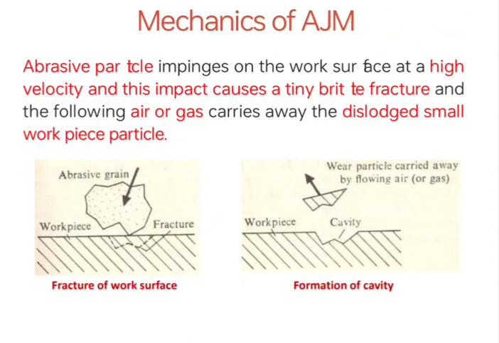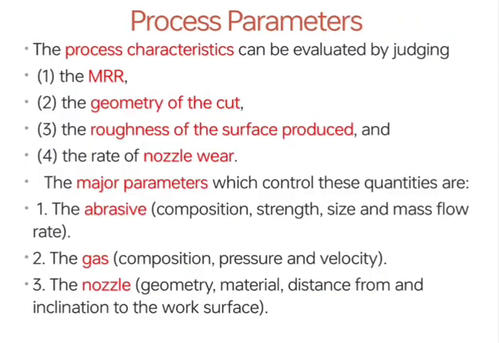Due to the high velocity force of the abrasive particles impacting the workpiece, small material fracture takes place on the workpiece. You see this next diagram. After the material removal, a cavity is formed. Here, the following air or gas carries away the dislodged small workpiece particles.